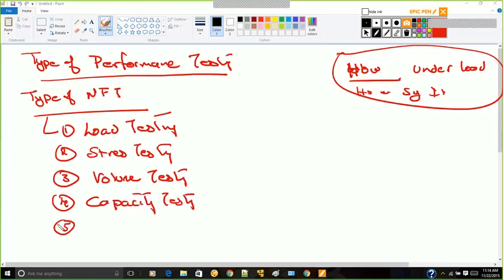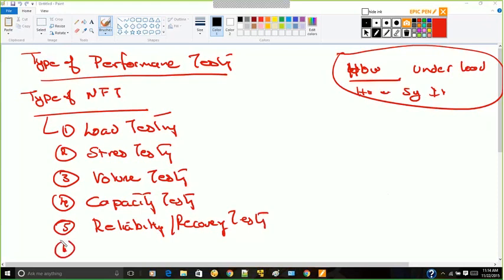Fifth is reliability and recovery testing. Sixth is scalability testing. So these are the 6 types of testing you will be doing.